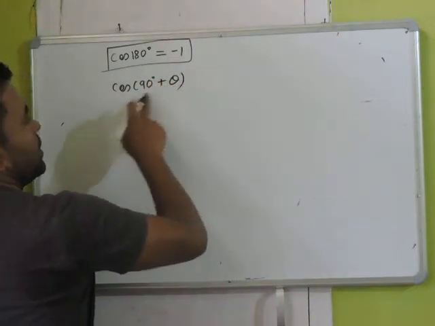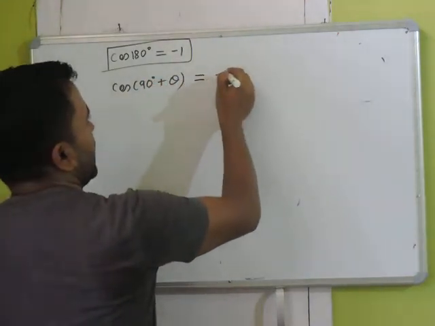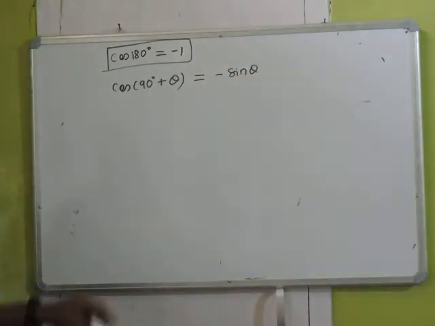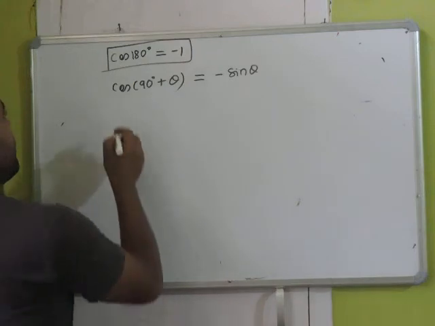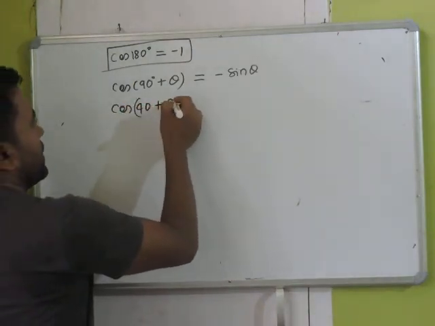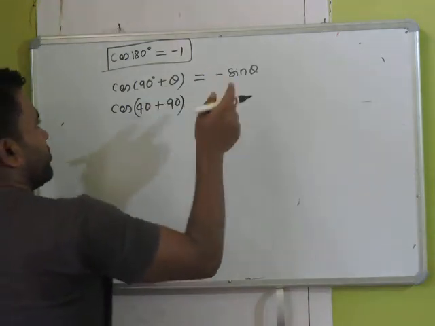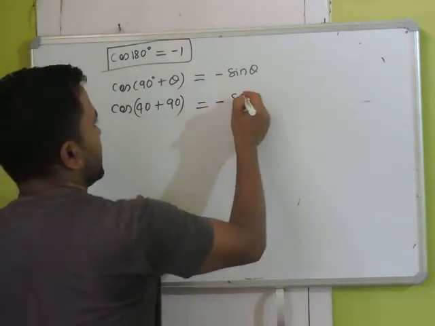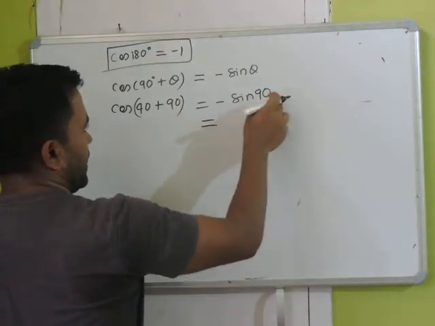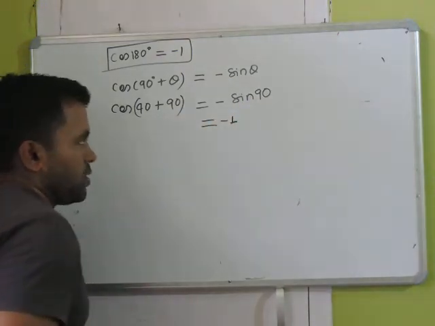If you remember, this one was equal to minus sin theta, right? So if I put theta as 90, so cos 90 plus 90 will be equal to minus sin 90. Now sin 90 is 1, so this is going to be -1.